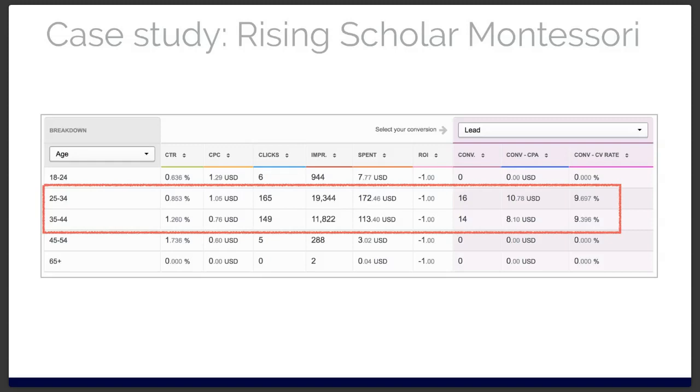As you can see here, if you look at clicks, that means people that clicked on the ad, over 300 clicks occurred in that age bracket, and very few outside of that. So it's quite a clear win on the age bracket here.